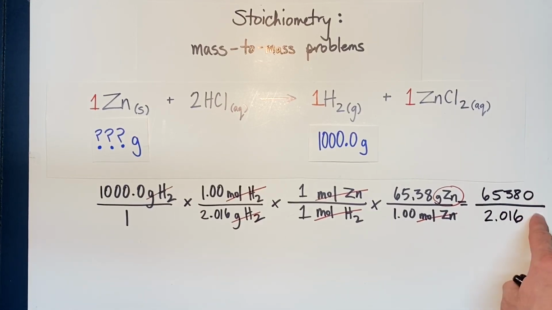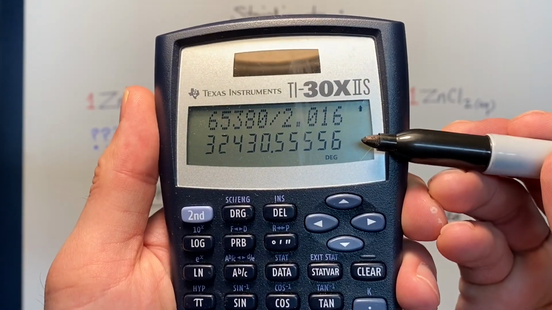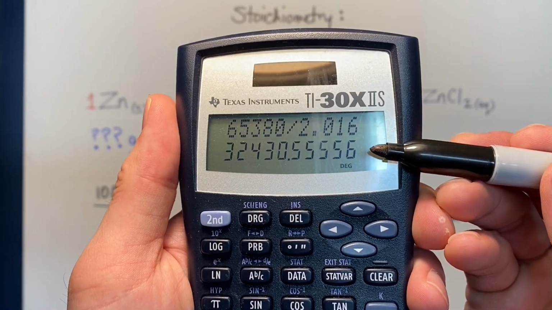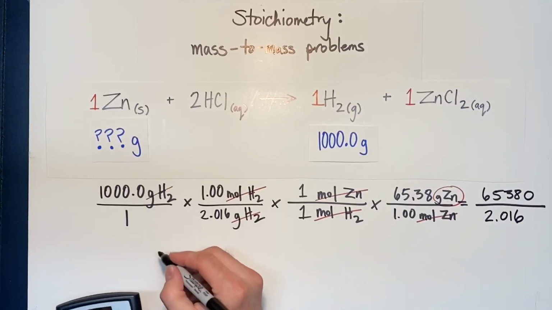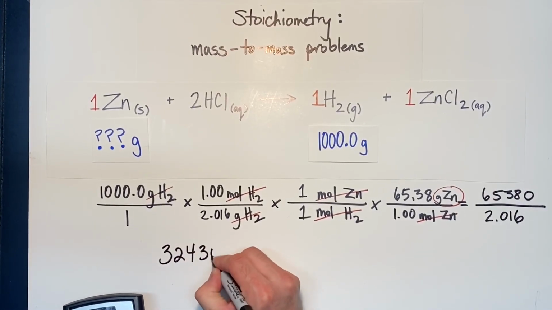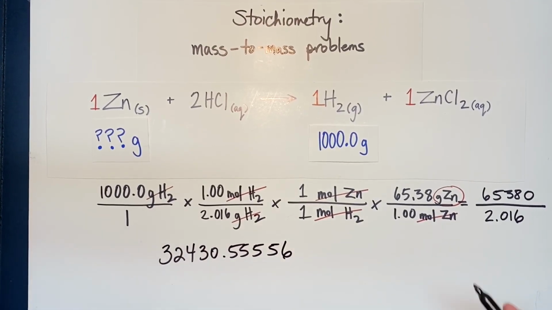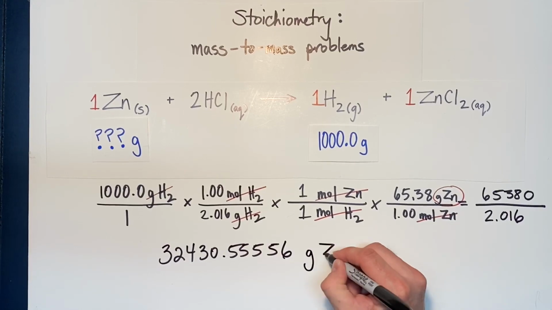And now a fraction means take the top number and divide by the bottom number. So we have 65380 divided by 2.016, and our answer ends up having many, many digits. So at this point, let me write our answer here. 32430.55556. The units of measurement are grams of zinc.